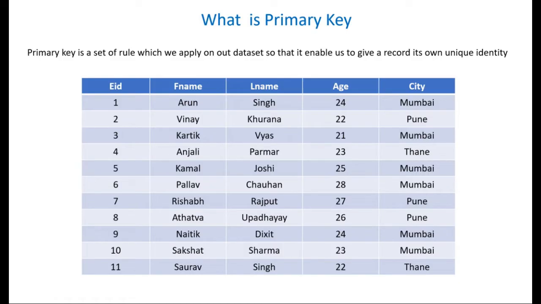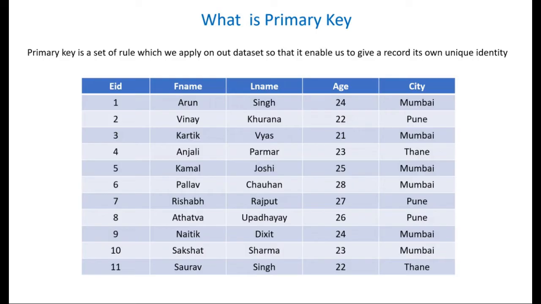You can see that the first name, last name, age and city columns may get repeated.